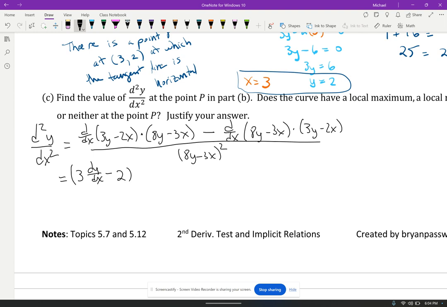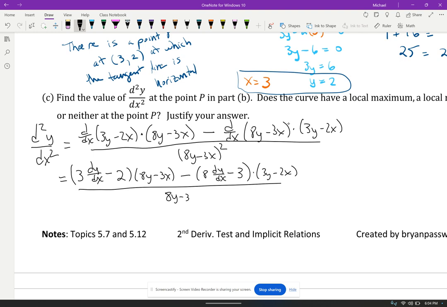So that's this part, times 8y minus 3x, that's still there, minus the derivative of 8y would be 8 dy/dx minus 3 times 3y minus 2x, all over (8y minus 3x) squared.